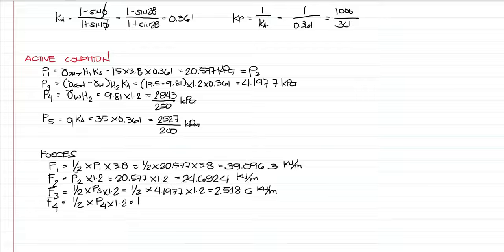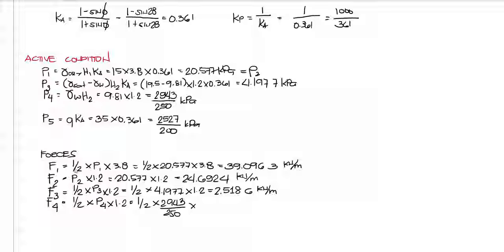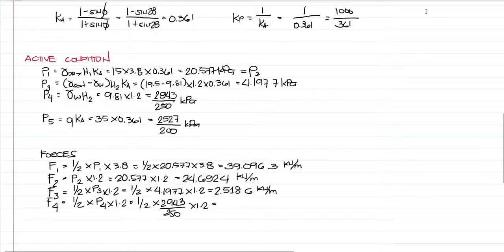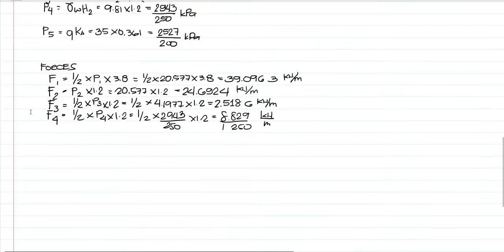So, that will be 1/2 times our P sub 4, which is 2943 over 250, times 1.2. So, we could have a value equivalent to 8829 over 1,250. So, this is in kilonewton per meter. Now, the last force will be F sub 5.